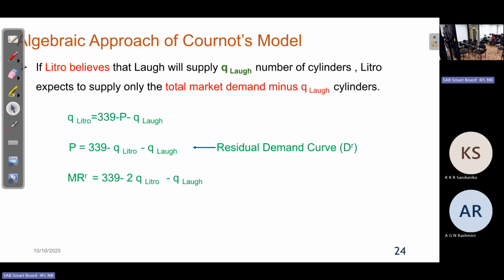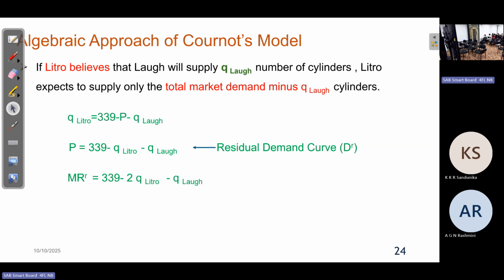Then you have to differentiate the total revenue with respect to Q1 to get the marginal revenue of firm 1. So it is 339 minus 2Q1 minus Q2. Then you have to equate the marginal revenue of firm 1 to marginal cost.